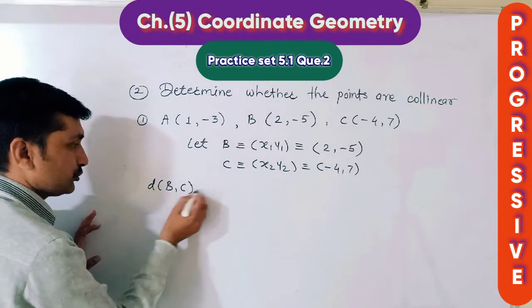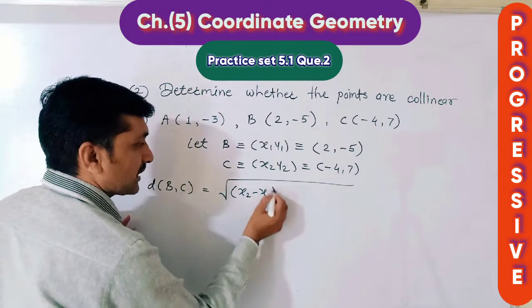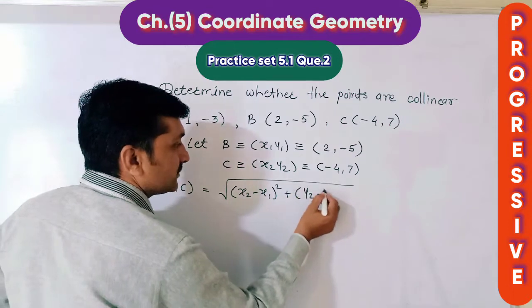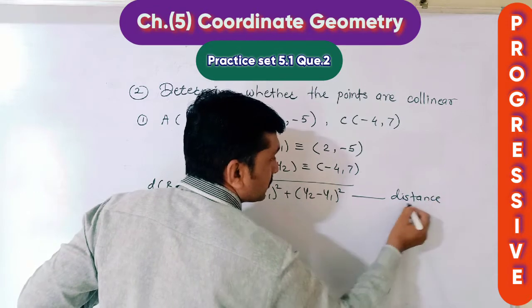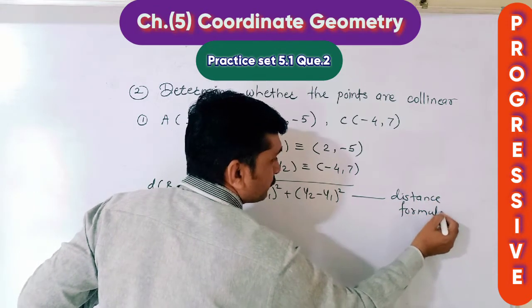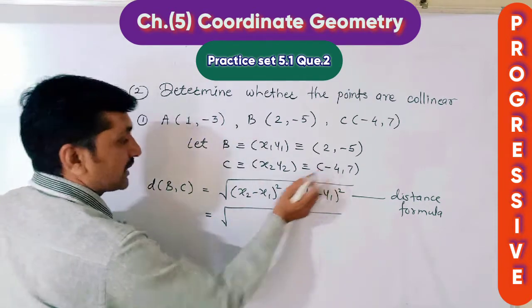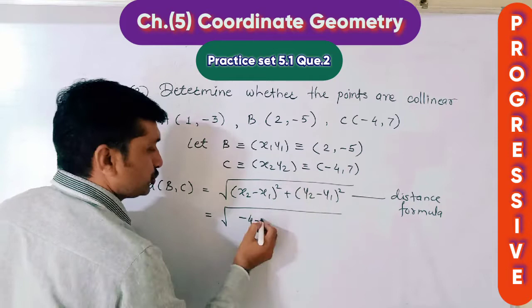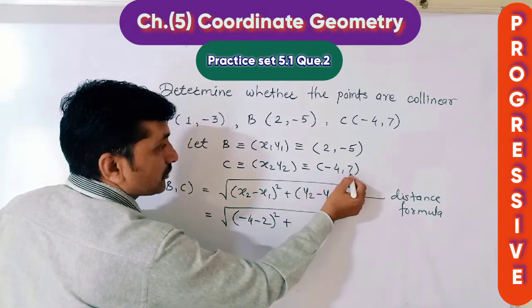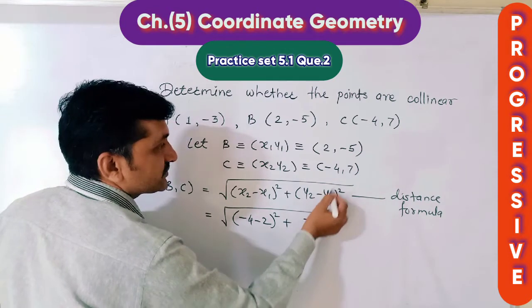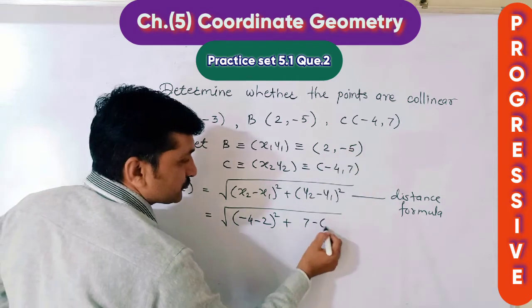Distance BC is equal to the same distance formula, x2 minus x1 bracket square plus y2 minus y1 bracket square. We have to use the distance formula for all three. Now put the values: x2 minus 4, minus x1 2, bracket square, plus y2 7 minus y1, this minus is from the formula, and y1 is also minus 5 in bracket, square bracket.